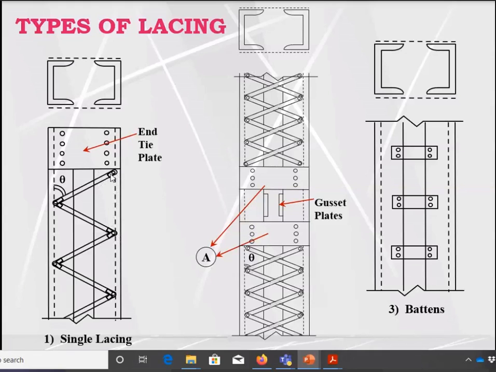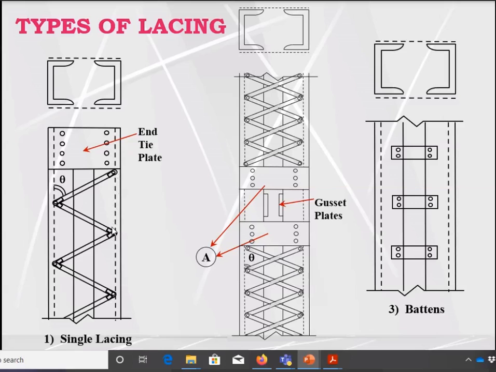This portion will be the unconnected portion of a single section, and this length will be quite less compared to the unbraced length with stay plates. So the unbraced length of a single section is reduced considerably.